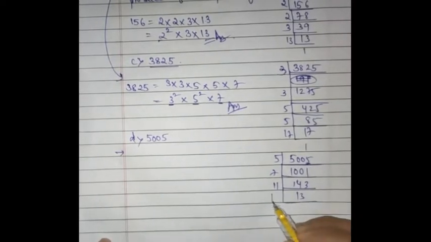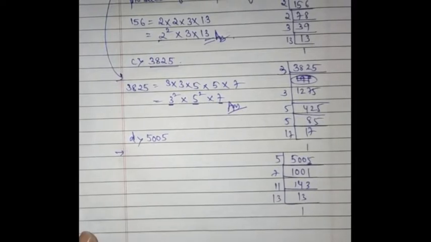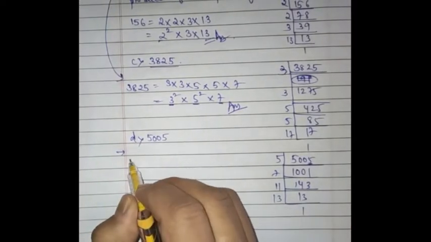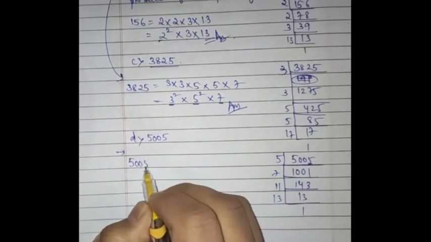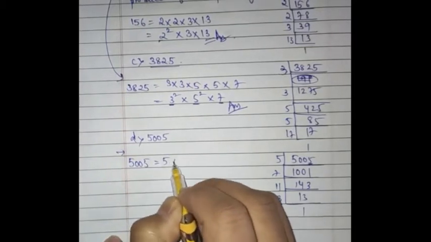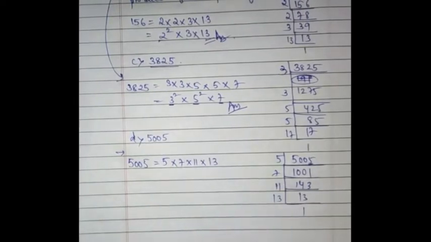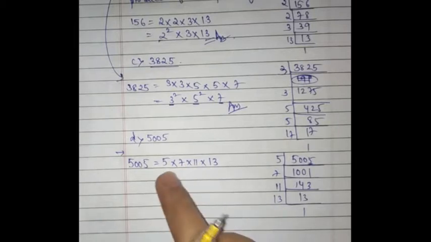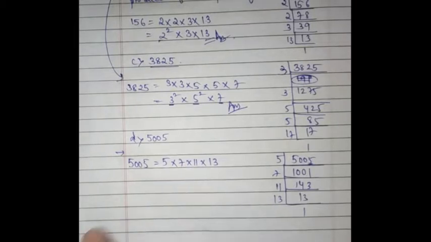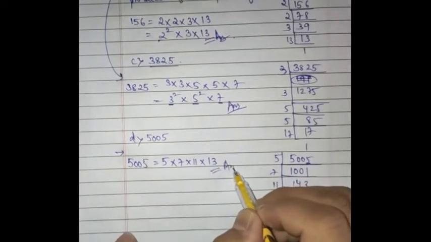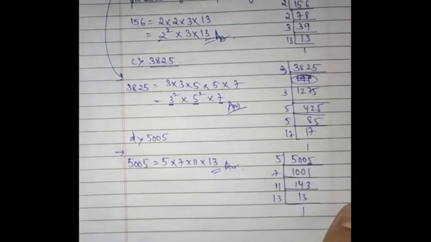So 13 1s is the answer. Alright, so 5005 can be written as 5 into 7 into 11 into 13. 11 into 13 is 143, 5 7s are 35, 35 into 143 is 5005. So this is our prime factorization. Alright, so let's move on to the next question.